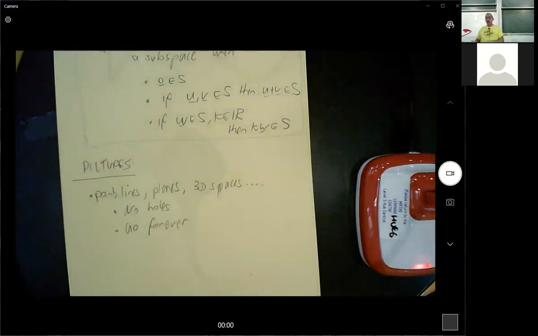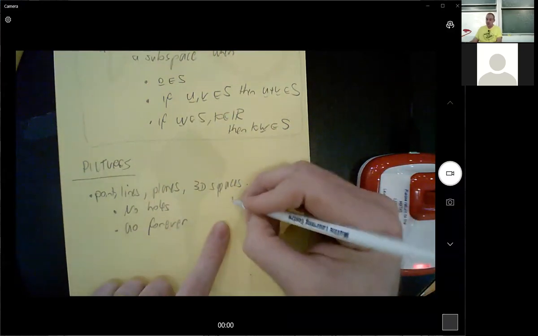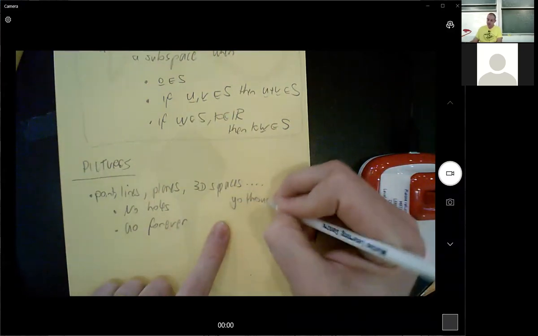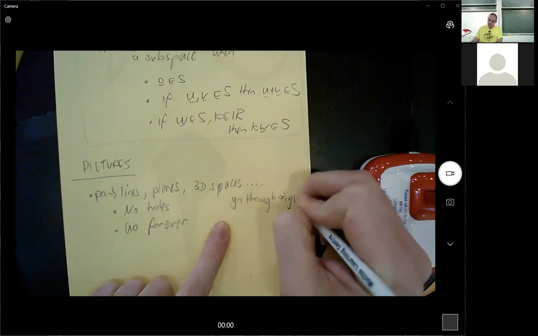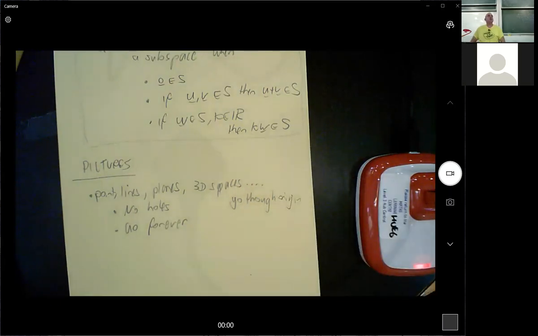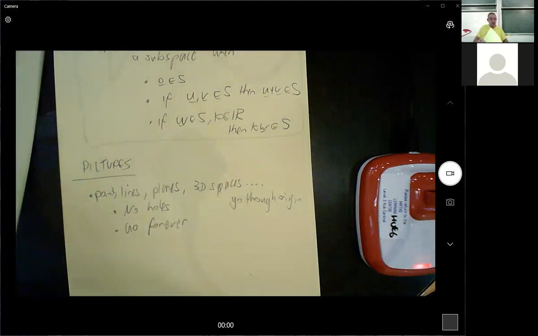But importantly, they have to go through the origin. Things that satisfy all these conditions are subspaces. So if someone said, is this thing a subspace?